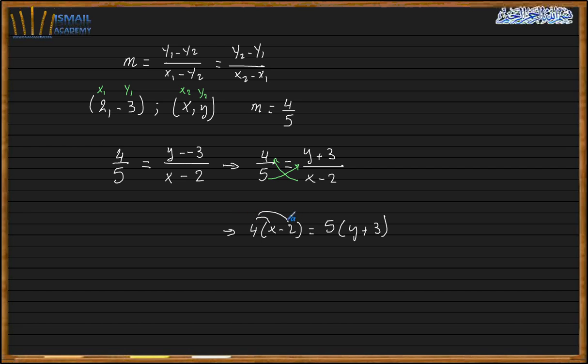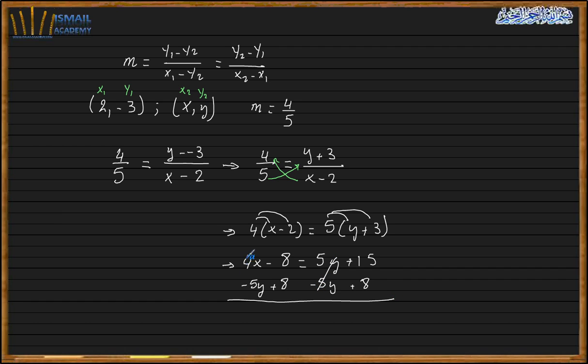Now I distribute, so we'll have 4x minus 8 equal 5y plus 15. Next I move all the x and y on one side and the numbers on the other side. I subtract 5y from both sides and add 8 to both sides.